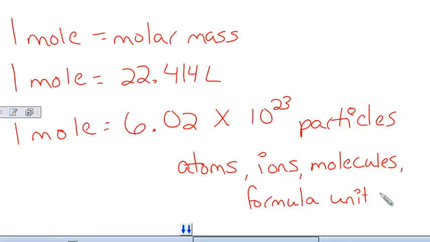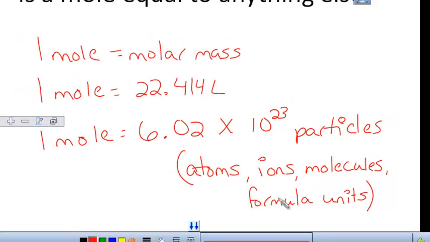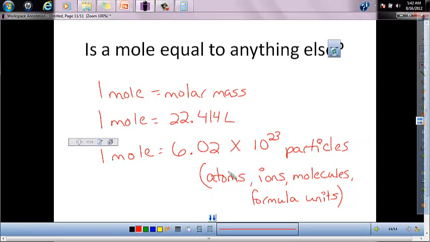So particles is the broad term, and then atoms, ions, molecules, and formula units are more specific. It's like me saying fruit, and then atoms, ions, molecules, and formula units being specific fruits, like strawberries, apples, bananas, and grapes. So if you see any of these words, you understand that it really means particles.